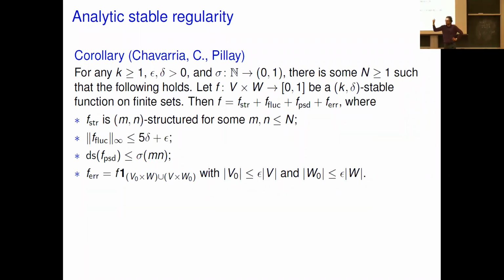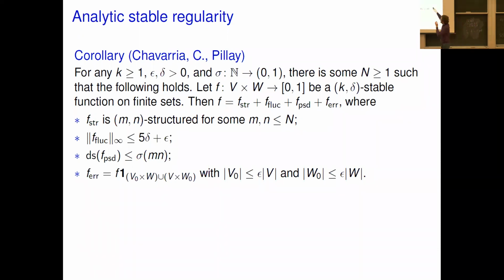The first is a structured piece, that same structured piece of bounded complexity. And then there's this uniformly bounded fluctuation from the delta, bounded in the infinity norm. You can move by 5 delta plus epsilon, which is natural. And then the other 2 terms are terms that you can think of as being either error terms or pseudo-random terms, depending on how you want, because they both have very, very small supports.